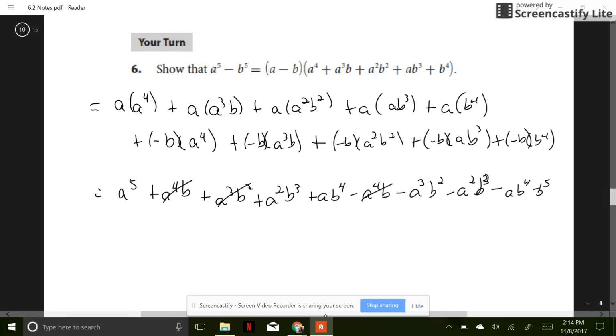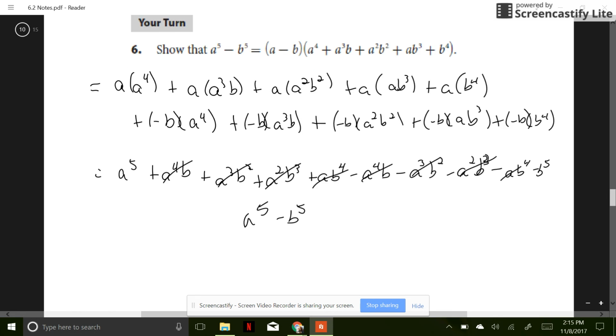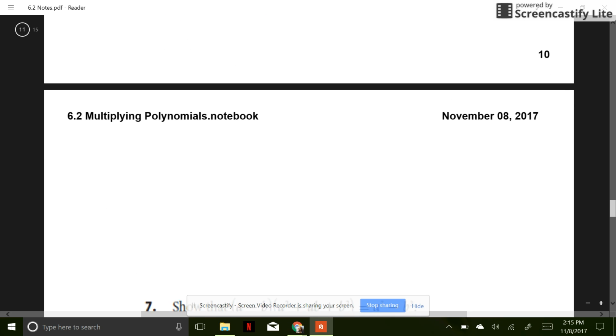All of our middle terms here are canceling, so we're just left with a to the fifth minus b to the fifth, and thus we've proven the identity, because that is a true statement. We've made the two sides equal each other.